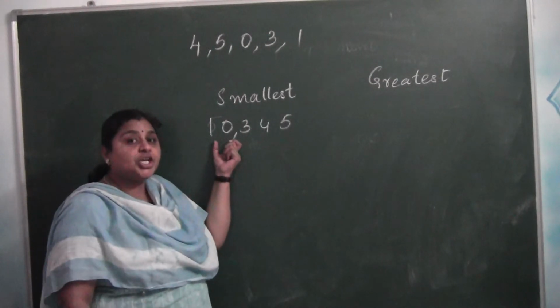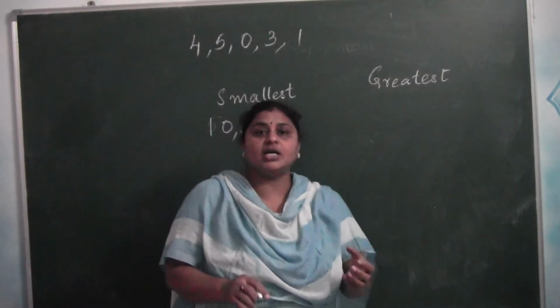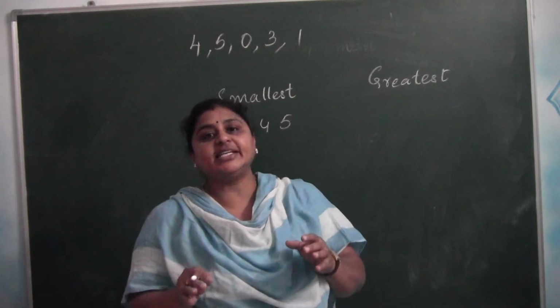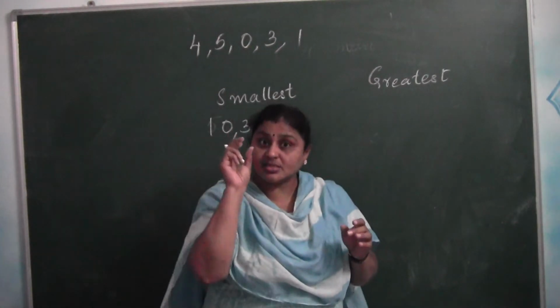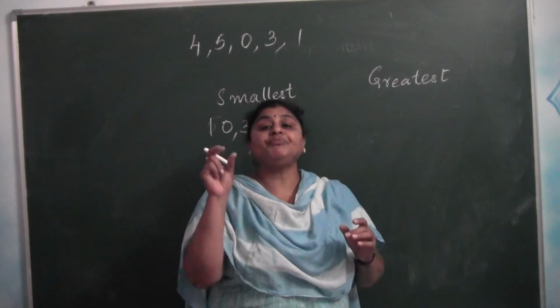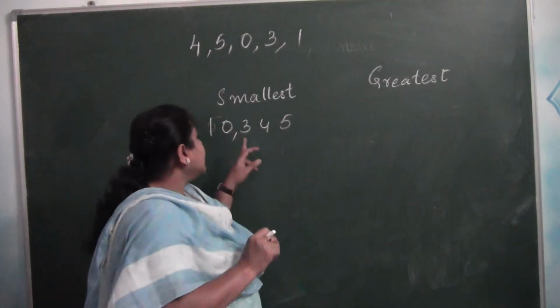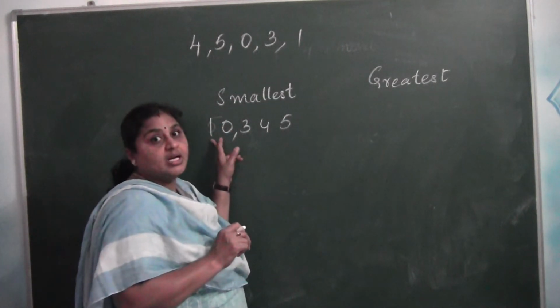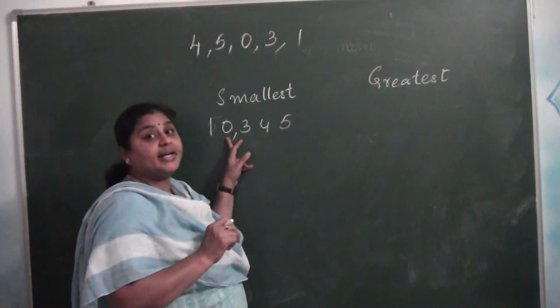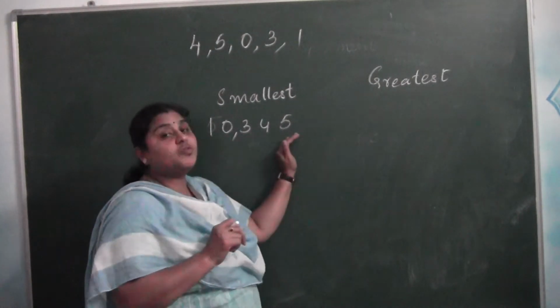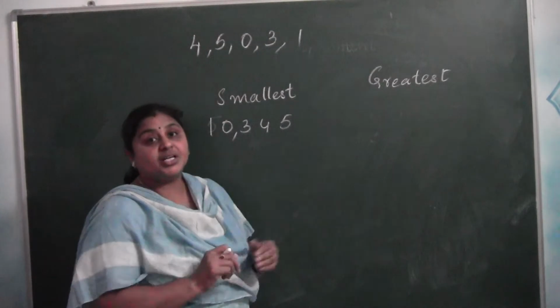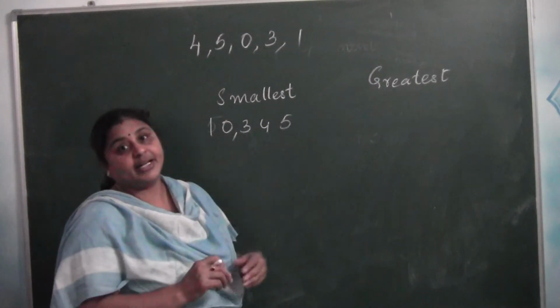Why I am teaching you very particularly, because if you have a group of digits and it contains 0, and you have to form a smallest number, in that case 0 cannot be written first. So in that case 0 will be written second and the leftover numbers will be arranged in the descending order.